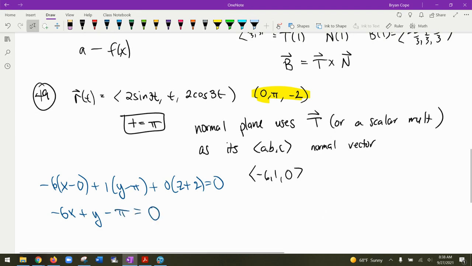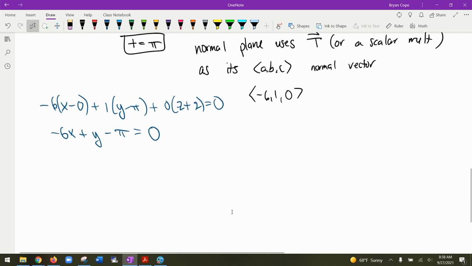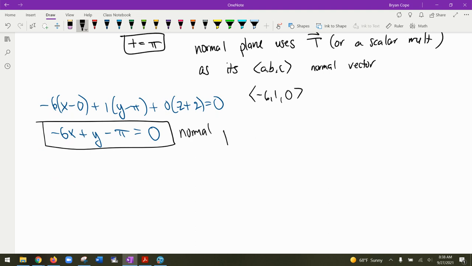Let me check that with the solution manual. y minus 6x, yeah, perfect. So this thing is the normal plane. And then the osculating plane.